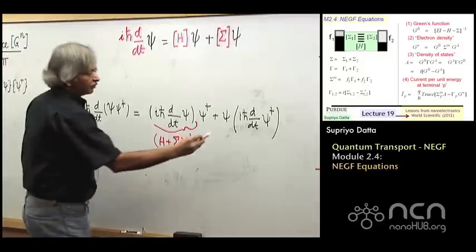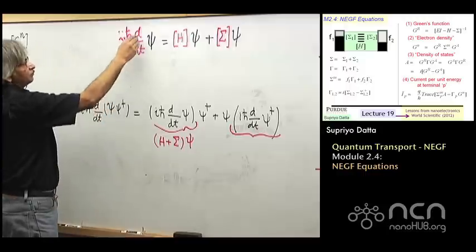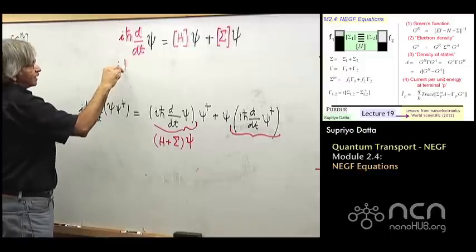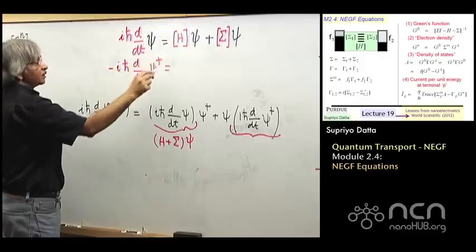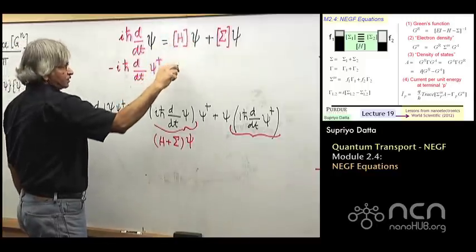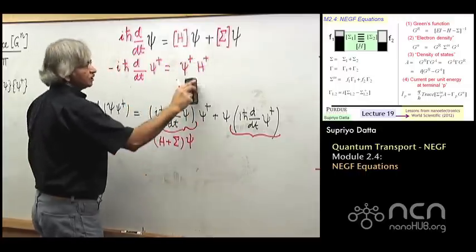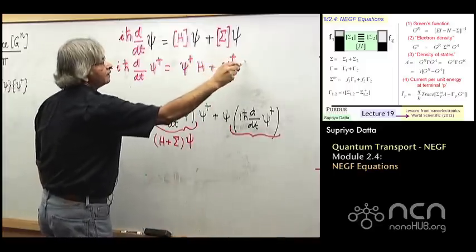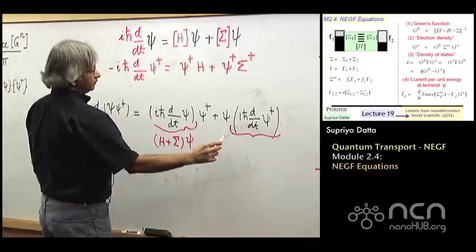And for this one, of course, I need the conjugate transpose of that, and because of the conjugate, you'll pick up a minus i. This is where you have to be careful, because when you take H psi and take the conjugate transpose, it also reverses. So it's like psi dagger H dagger. And H, of course, is Hermitian, so H dagger is the same as H. And then psi dagger sigma dagger. Okay. So this is what you can replace in here.